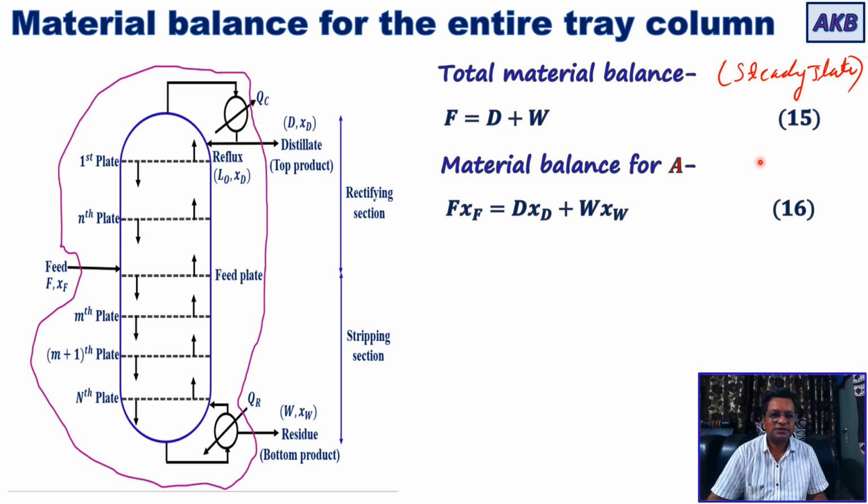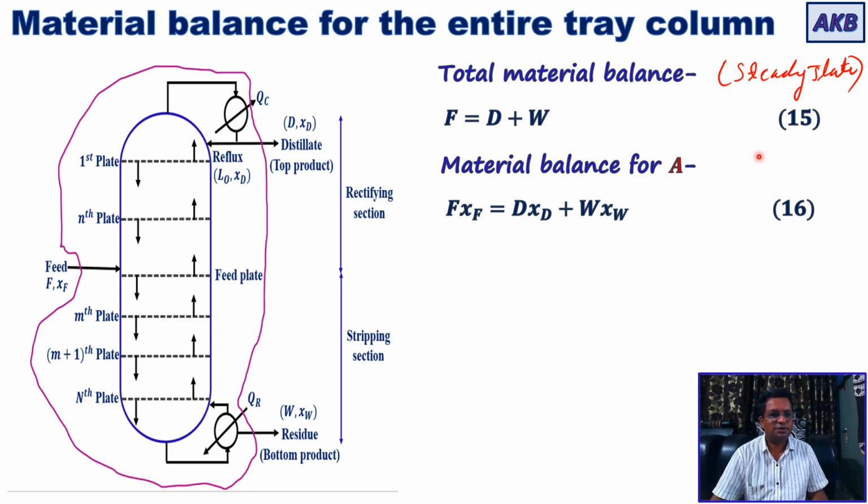Okay, so with this, I end my discussion for the present topic, which was material balance for a typical tray column. So we have understood how to take material balance for the rectifying section, for the condenser, then for the stripping section, material balance for the reboiler, and now how to take material balance for the entire tray column.